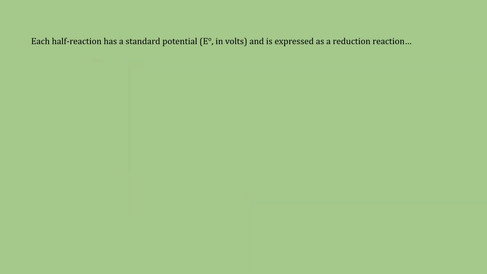Each of the half reactions in that previous slide has associated with it a standard potential, represented by the symbol E0, in units of volts. These half reactions are almost always given to us as reduction reactions.